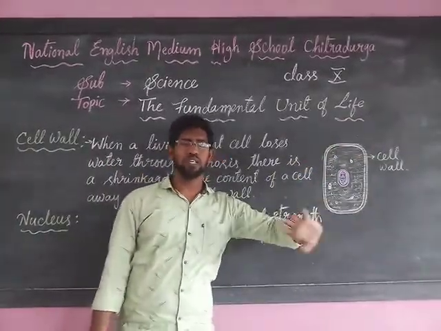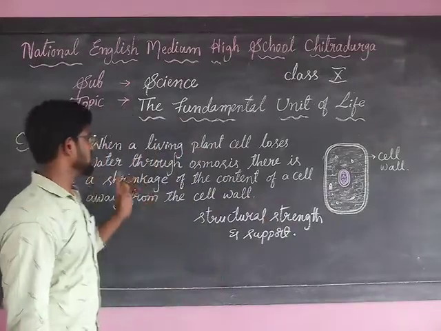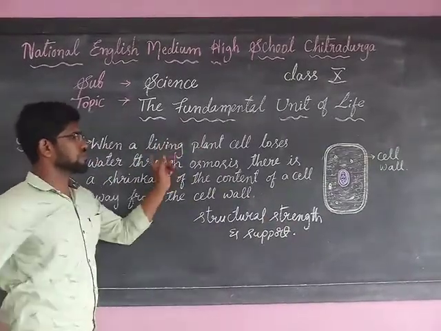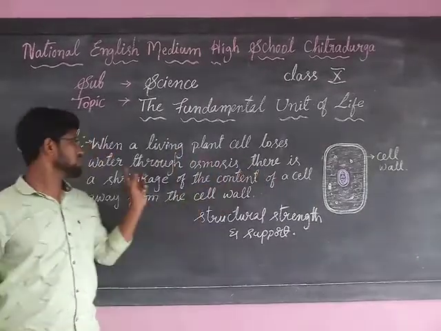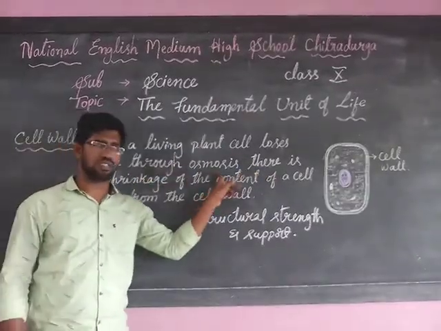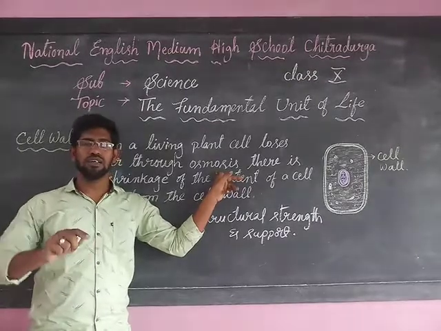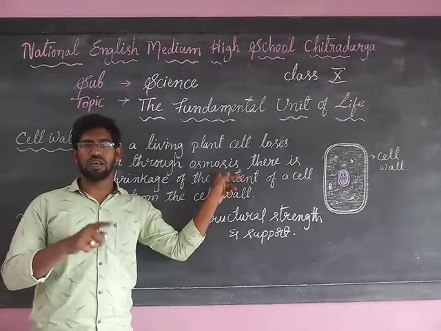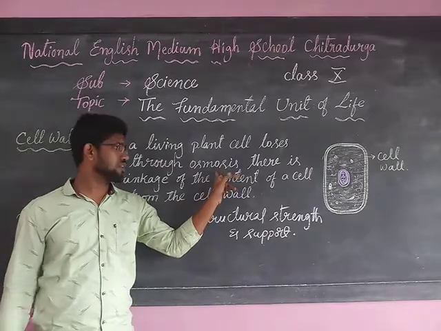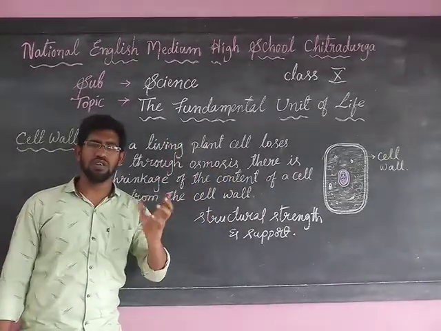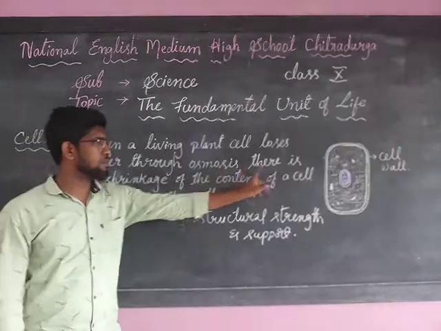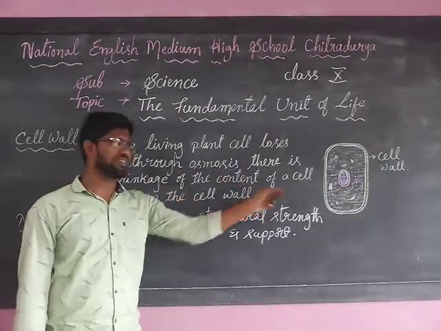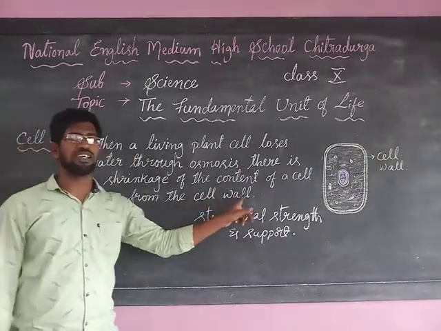Okay. Then after that, there is one more thing. The cell wall is very important because when a living plant cell loses water through osmosis, I already told you in the previous class, the water will get into the cell or get out of the cell through the process called osmosis. Whenever the plant cell loses water through osmosis, there is a shrinkage of the content of the cell away from the cell wall.